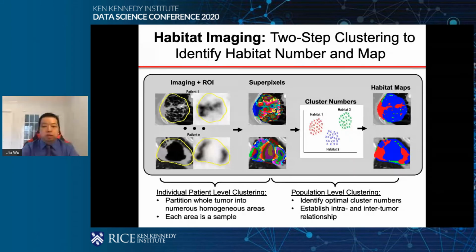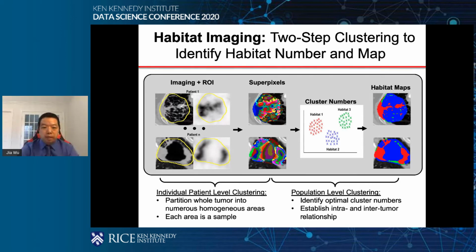First, at the individual patient level, the tumor is over-segmented into a large number of superpixels. Then at the population level, we run this clustering again to identify the optimal number of habitat regions existing within this population, and then consistently partition the whole tumor into these newly identified habitats.